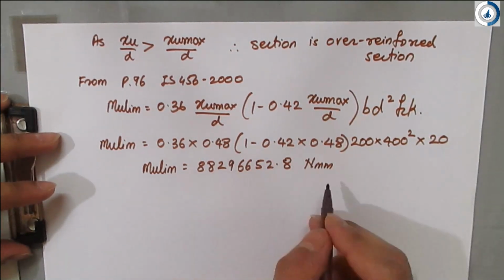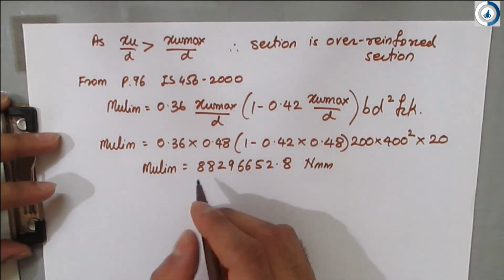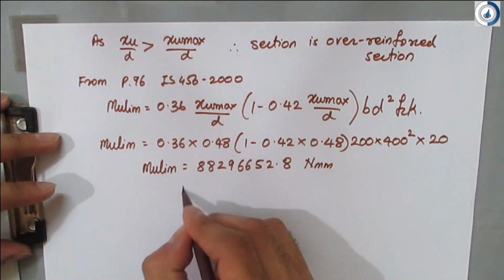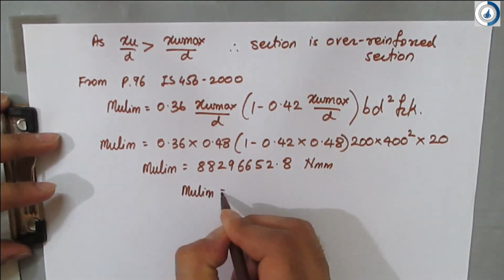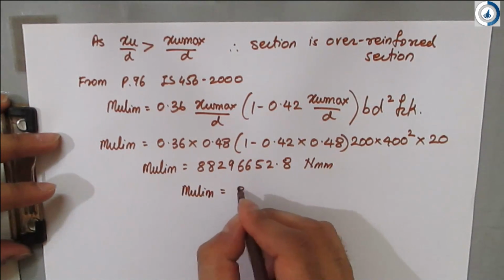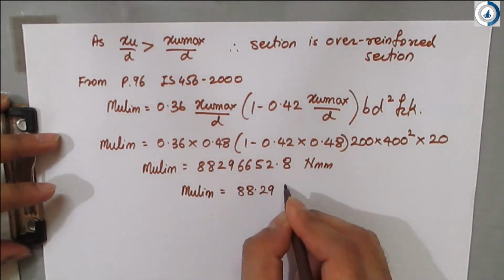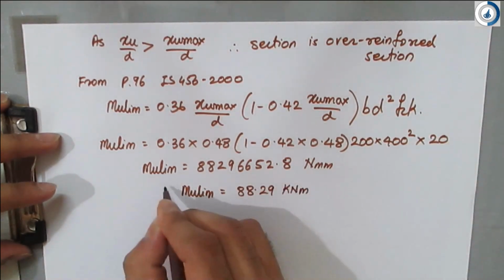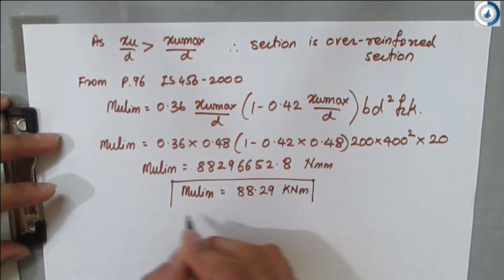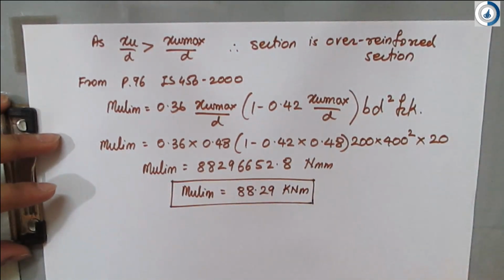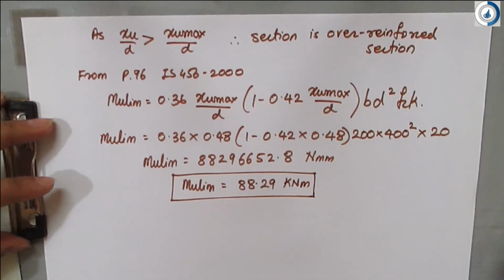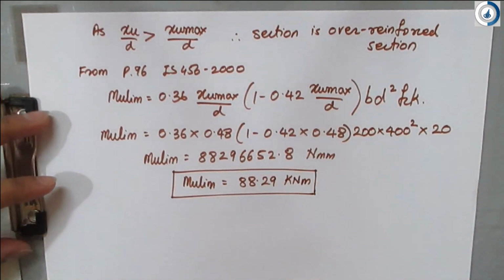But we don't want it in Newton millimeter, so we will convert it into kilonewton meter. So Mu limit is equal to 88.29 kilonewton meter. We will make a box for this. So this is how you will be finding the limiting moment.